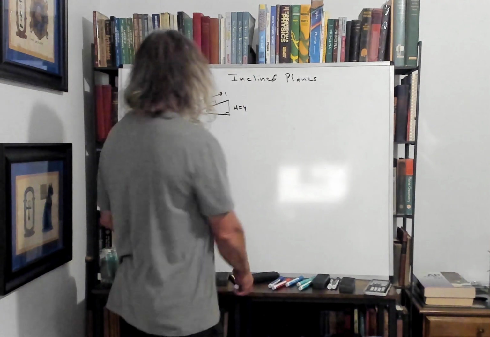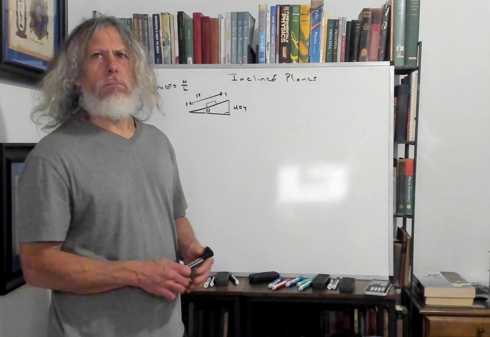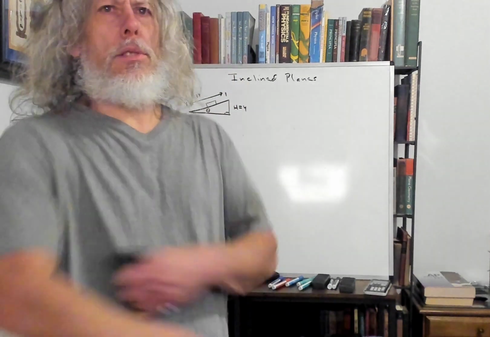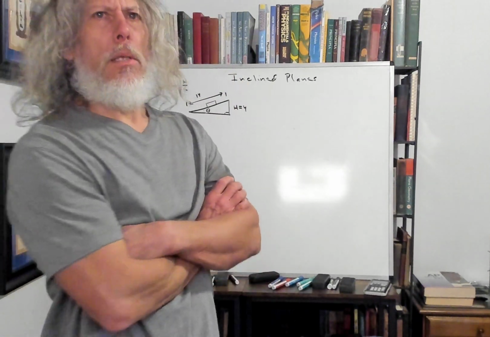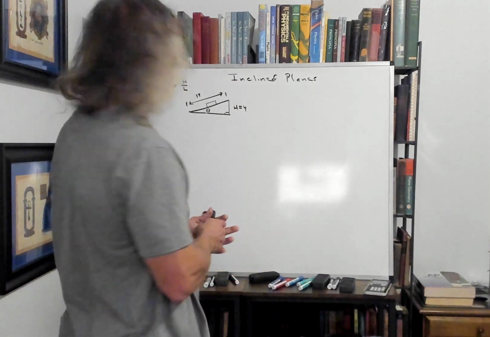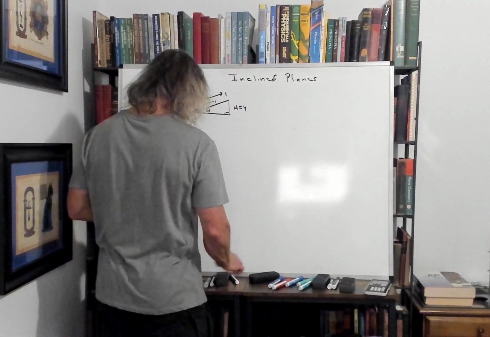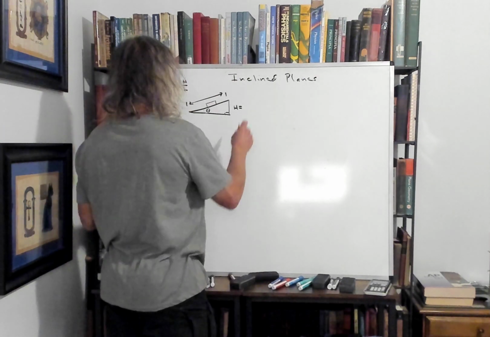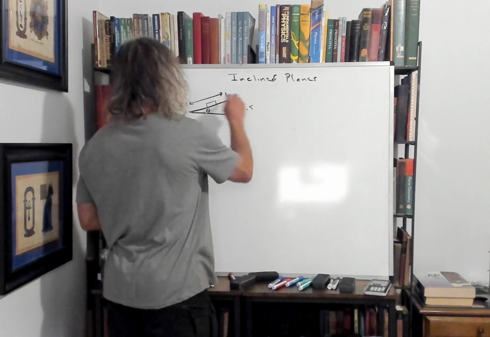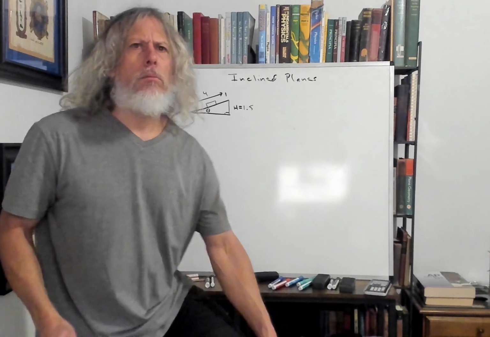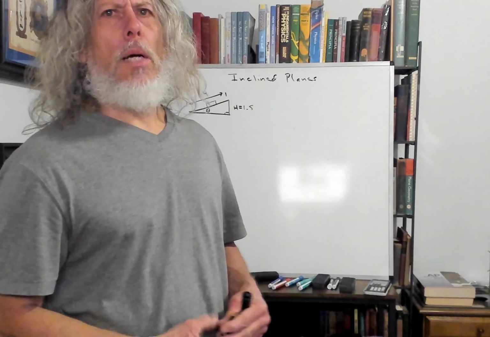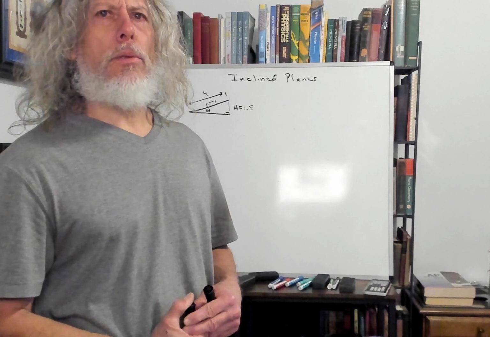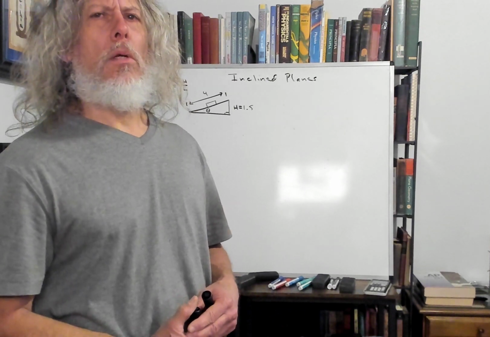So, number 6, an inclined plane is 4 meters long and 1.5 meters high. An object that just slides down the plane at constant speed without being pushed weighs 75 pounds.